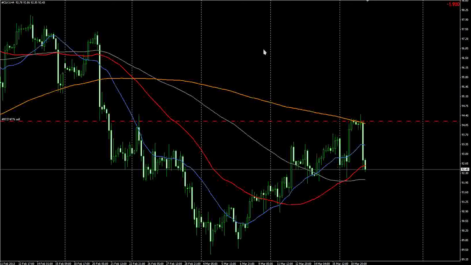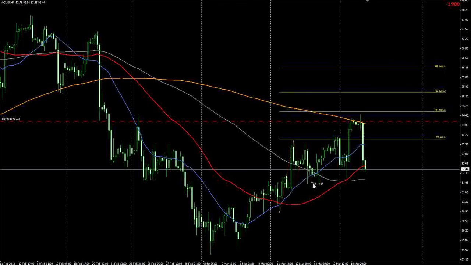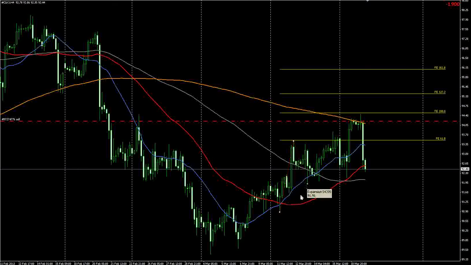We can see here that the market was making an AB equals to CD pattern. This A, B, C, D, and by this candlestick the market has almost reached the 100% extension of this pattern.